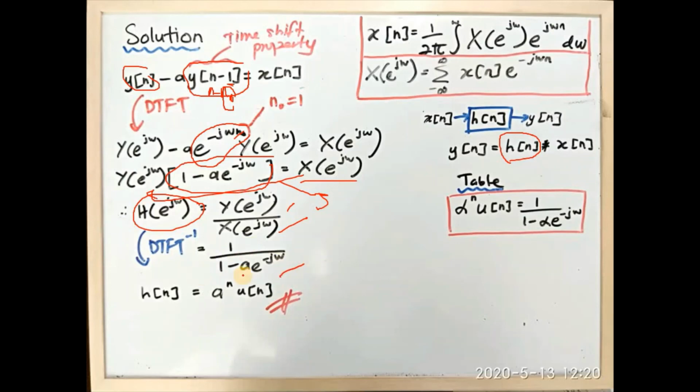Okay, and after that, the question was to find it in the time domain. So you need to use the inverse discrete time Fourier transform to convert back to the time domain, h[n] equivalent to. So compare it with this table. In this table, the time domain is a to the n, u[n]. So this is the final answer.